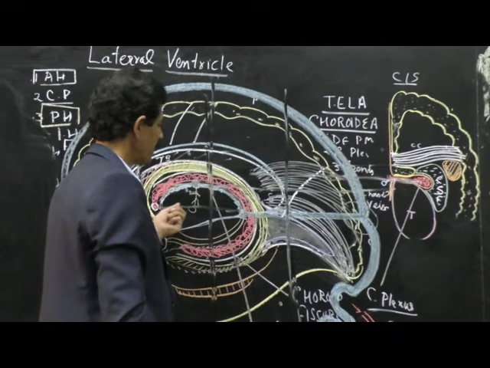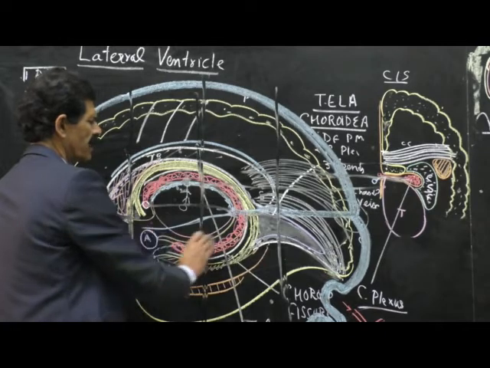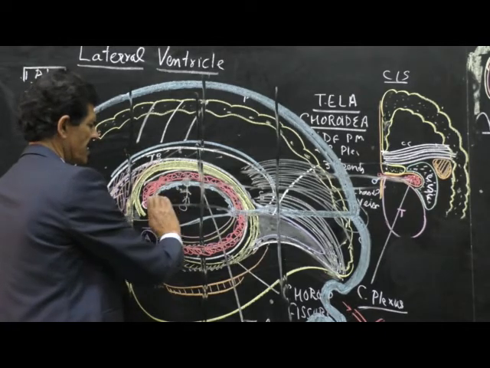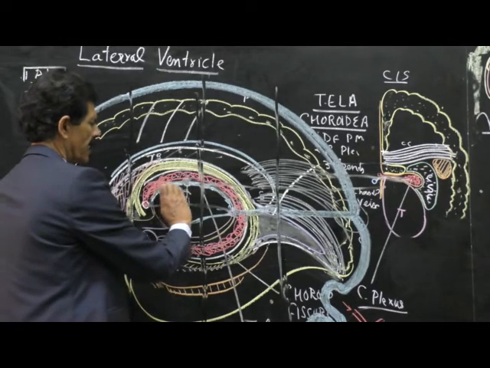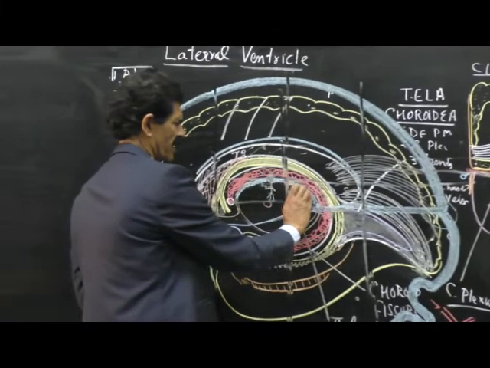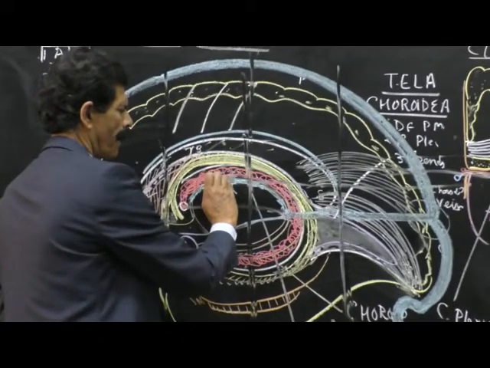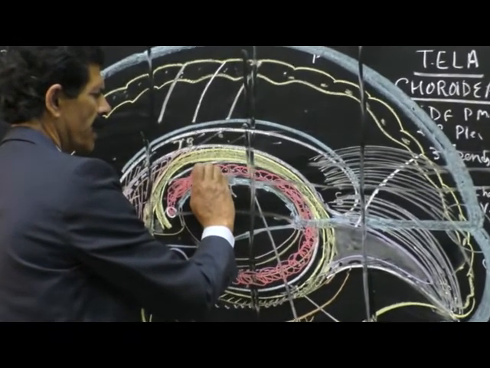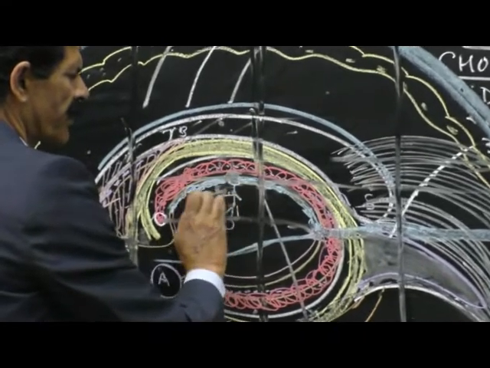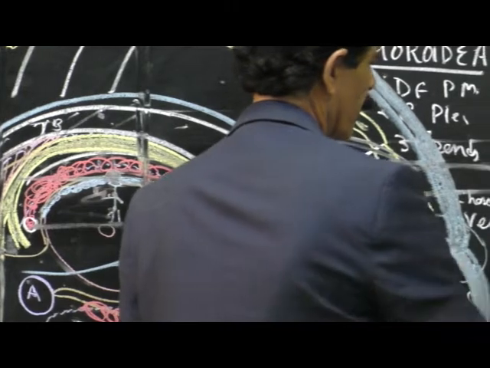Then my feet are touching the superior or dorsal surface of the thalamus. Plus, there lies the thalamostriate vein, and there also lies the choroid plexus. So the choroid plexus, thalamostriate vein, and laterally the caudate nucleus and the dorsal surface of the thalamus form the floor.